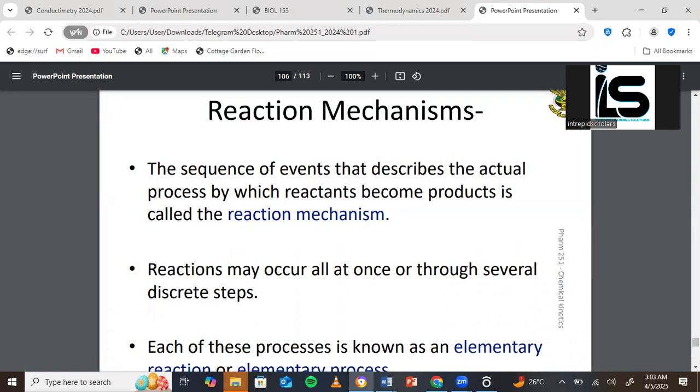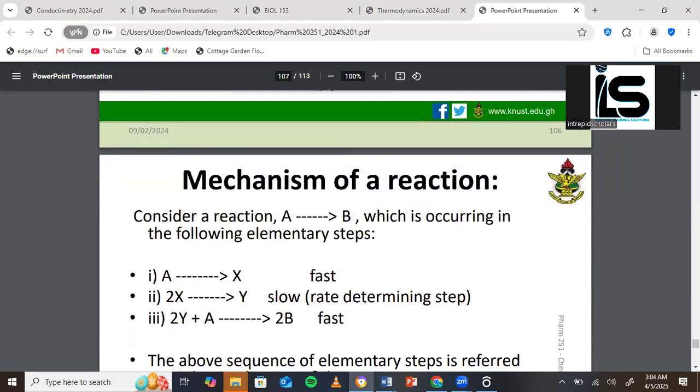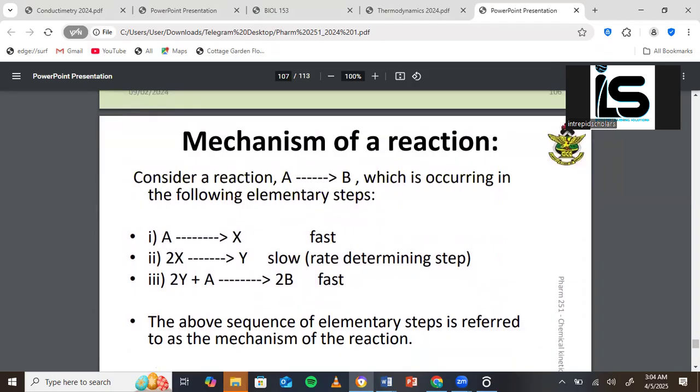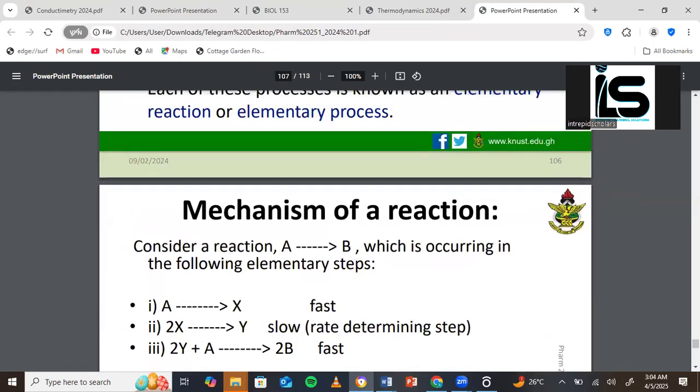So for a reaction like A going to form B, this is the overall reaction, but it doesn't mean that A directly went to form B. A can go and form X, and then two moles of X can combine to form Y, and then 2 moles of Y can combine with A to form 2 moles of B. So these 3 steps show us the individual series of steps that occurred before we got our overall reaction. This is the mechanism of the reaction.